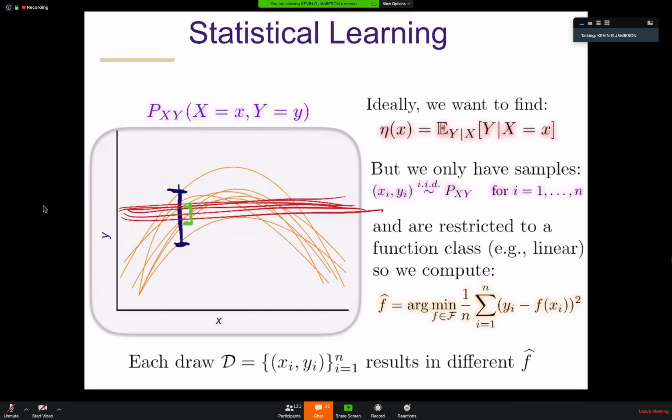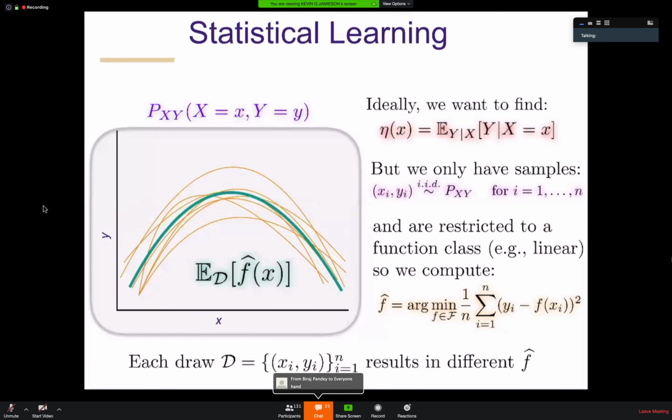So variance comes from how flexible you are: how much does your function change or vary from one data set draw to another? Now, that's the variance. It describes how much I expect my f hat to vary. And vary around what? Vary around the expected function I expect to see.